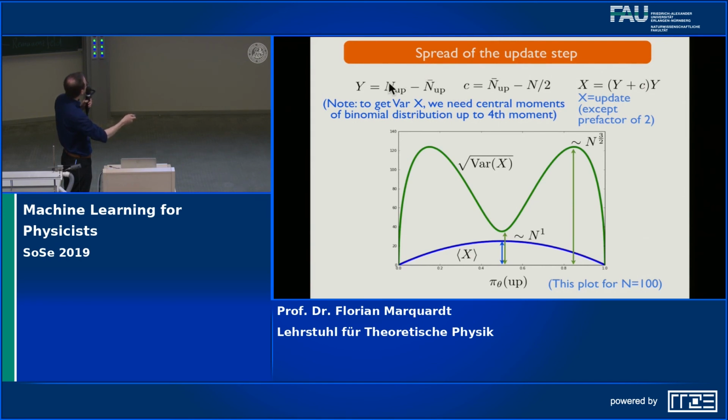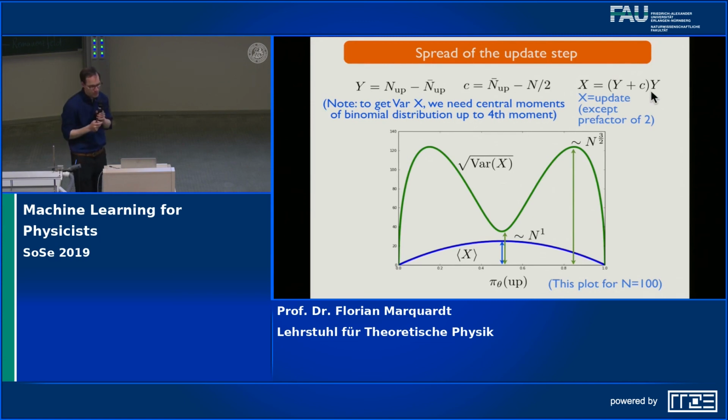And the only fluctuating variable here is y, which is the deviation of the number of upsteps from its average. And so x is really the update that we take during one step. What I'm interested in is not only the expectation value, we already checked this has a certain shape, and it's good, but I want now to calculate the variance of this.